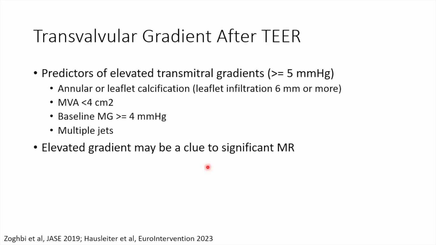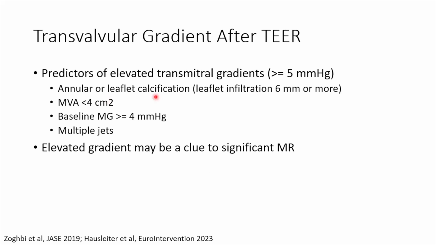The other thing we want to always assess is transvalvular gradients after TEER, as part of the full assessment of the valve and the integrity of the device. And what they have found is that an elevated transmitral gradient of more than or equal to 5 millimeters of mercury is a consideration of mitral stenosis and is associated with worse prognostic outcomes.